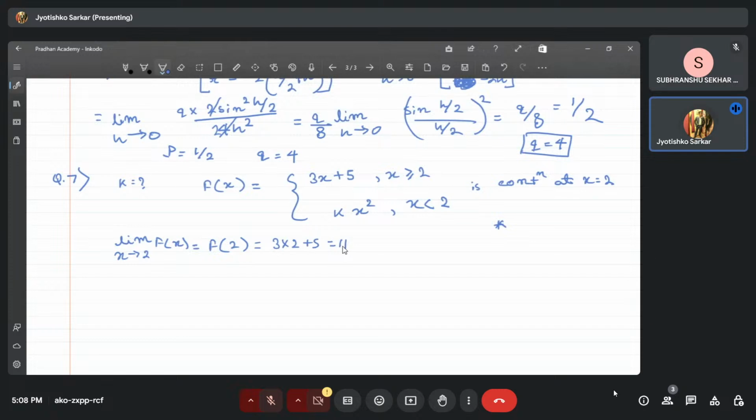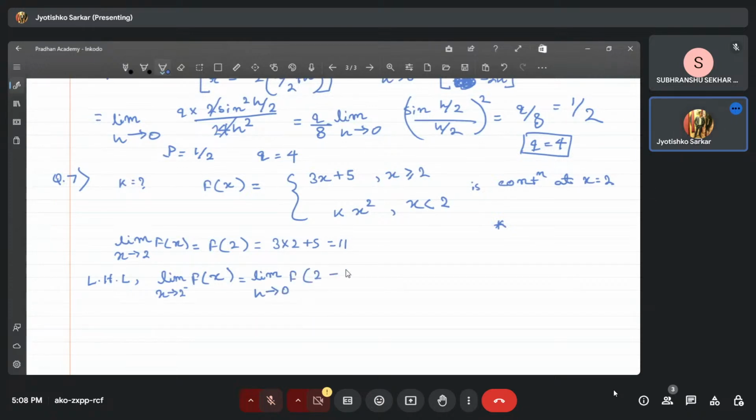Now let's compute the left hand limit. Limit h tends to 0, f(2 minus h).